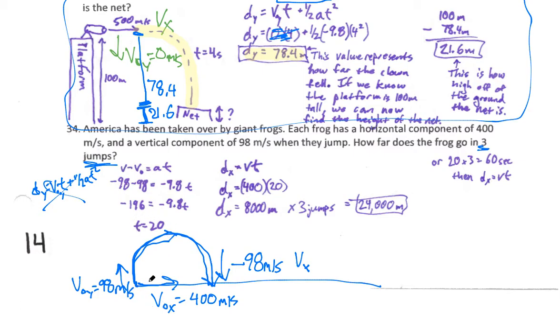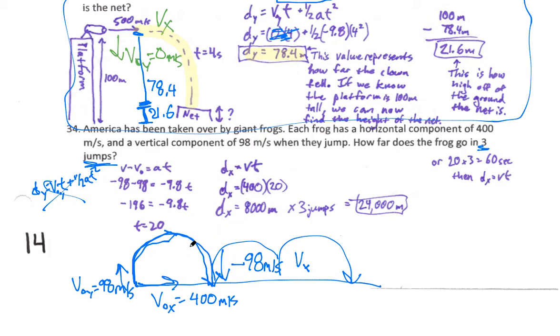So if we wanted to figure out our total horizontal distance after 3 jumps, we just use 60 seconds. Our v initial in the x direction is actually going to be our v everywhere for the x direction. So 60 seconds times 400 will give you that 24,000. Or do it the other way that I have it here in the answer key.